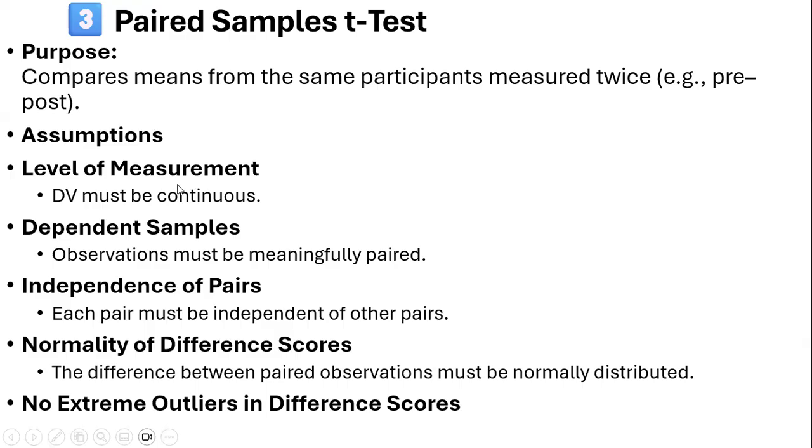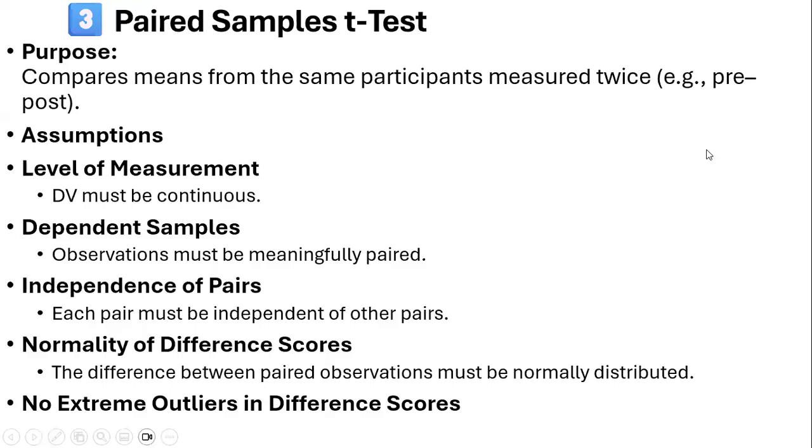Now, the assumptions it is interested in include the level of measurement, which must be continuous; dependence of samples, that is, observations must be meaningfully paired; and independence of the pairs, such that each pair must be independent of each other. So that is why you have to get a record of the pre-testing scores and that of the post-testing scores.